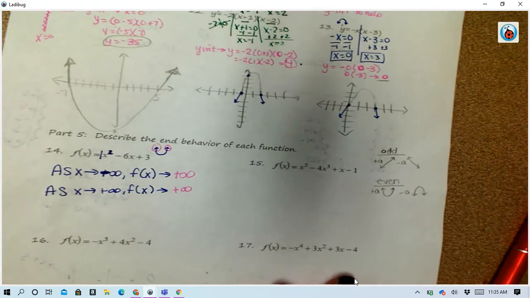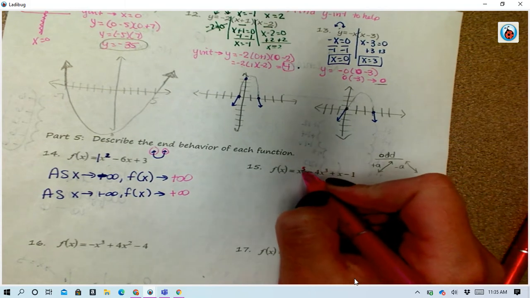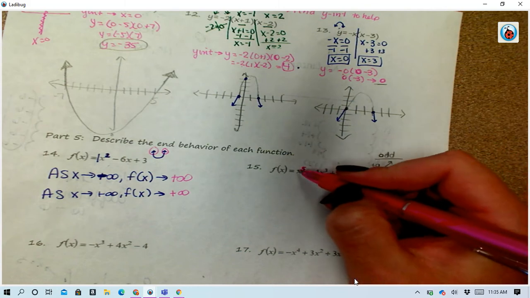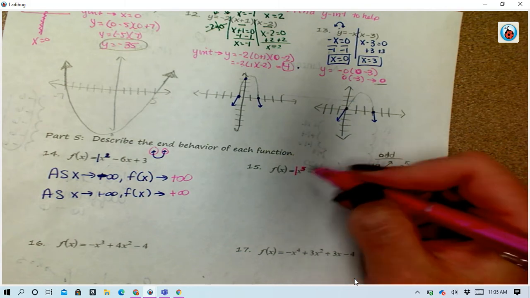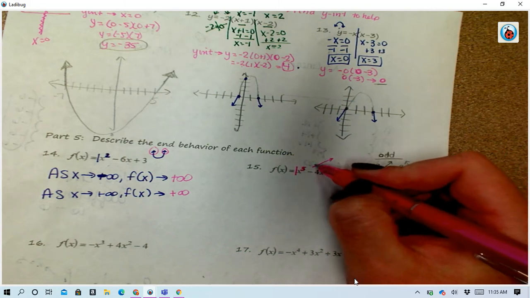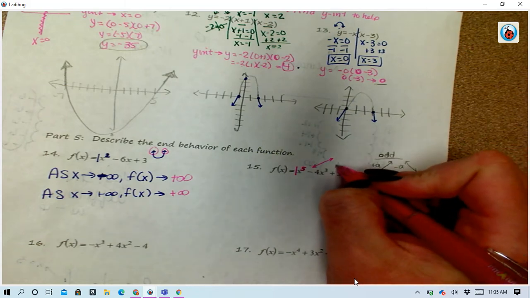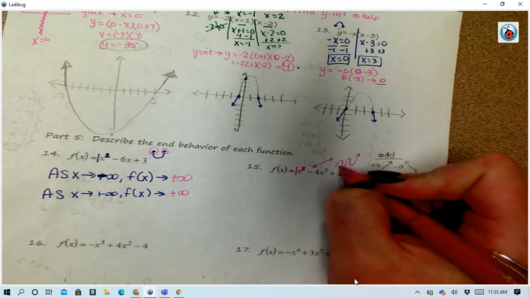Okay, number 15. The highest power is 5, which means it's odd. Look at the number in front. There's a 1 right here. So the tails would match a line with a positive slope, because it would look something like this, 1, 2, 3, 4, 5, if you graphed it.